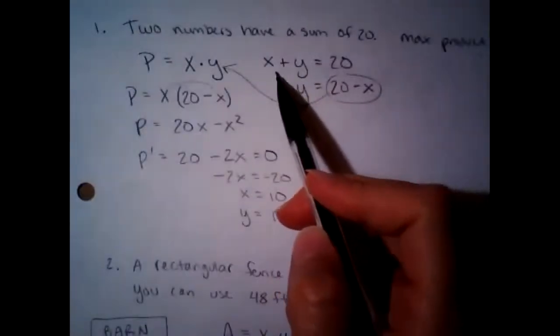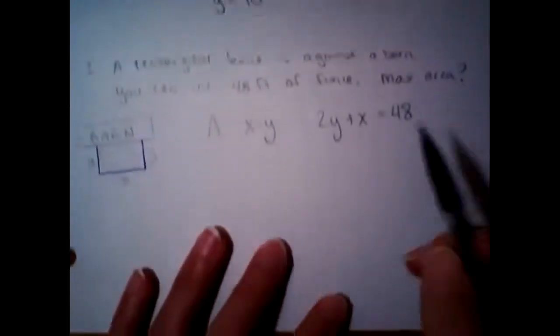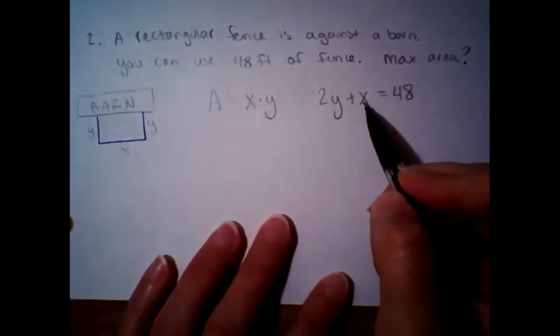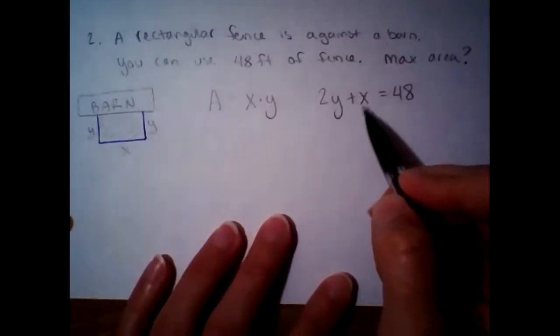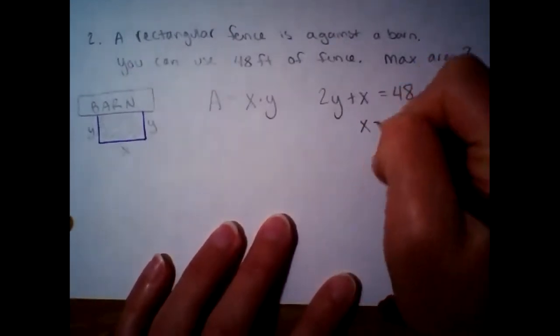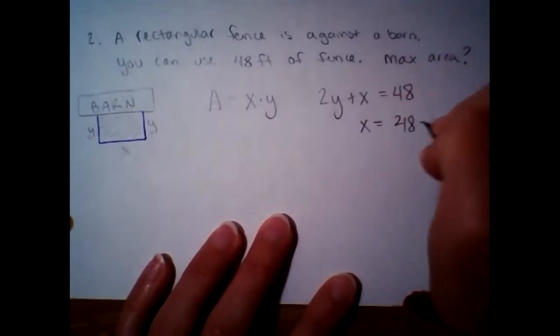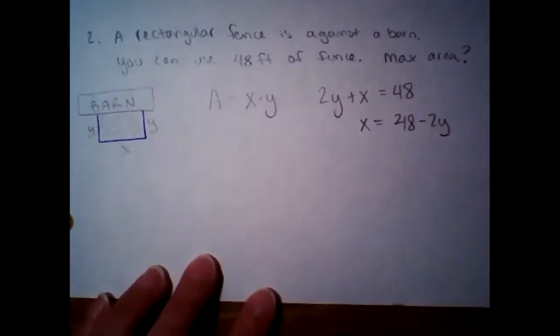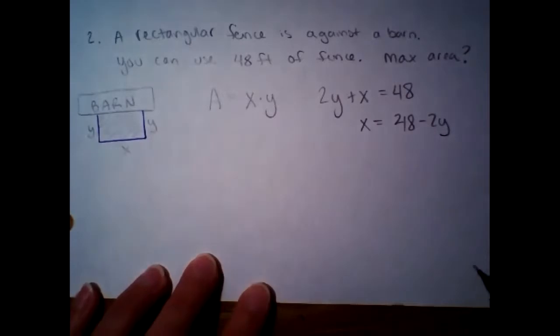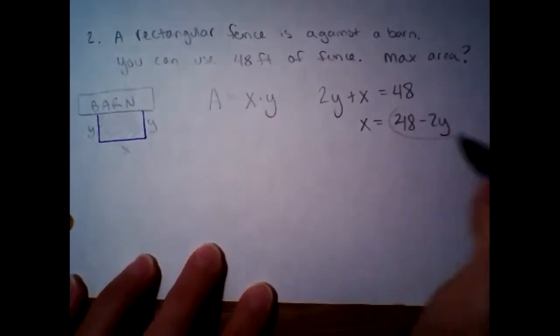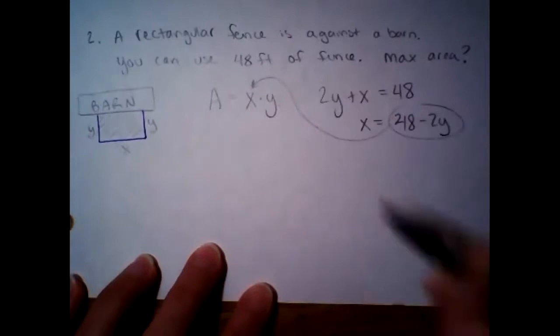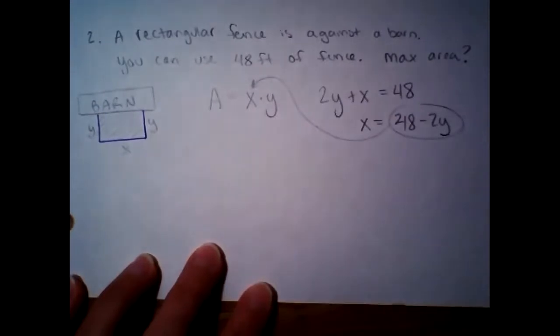All right, and so in the previous problem, it didn't really matter whether we solved for x or y. For this one, I think it's definitely easier to solve for x since it doesn't have a coefficient. So I'm going to subtract over the 2y. Again, guys, remember it's just a bunch of algebra. Just subtract it over the 2y. And then this is going to get substituted in for x.